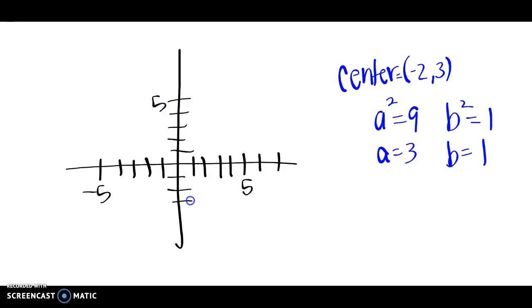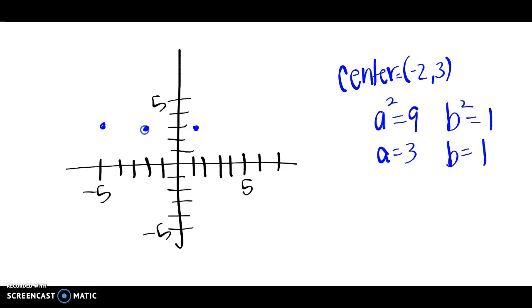So when you graph it, you put your center on there, negative 2, 3, right here. The a squared is 9 that was under x, so we move in the x direction, the square root of that, which is 3. And then this way 3, which puts us at 1.